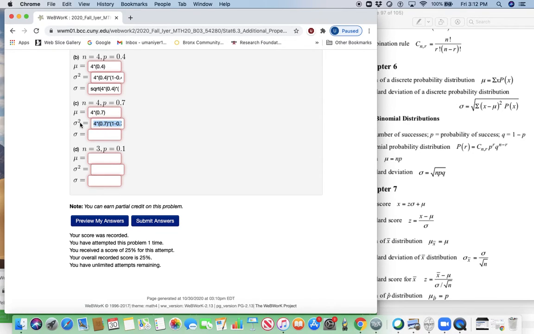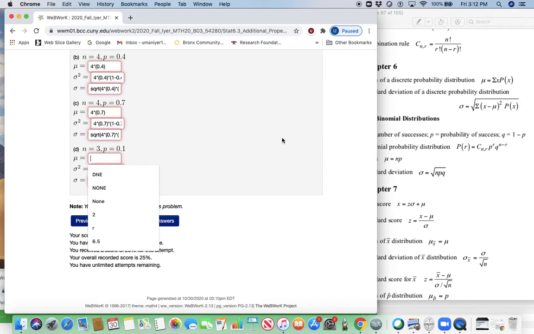This is sigma square. I'll copy and I'll use it here. Paste. SQRT of whatever I just copied. Done. Don't forget to close the parentheses.